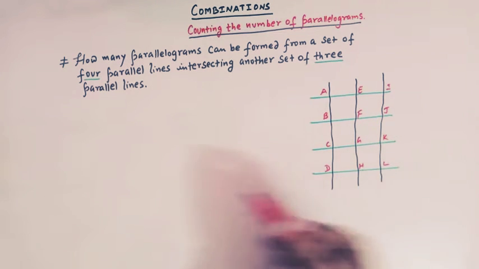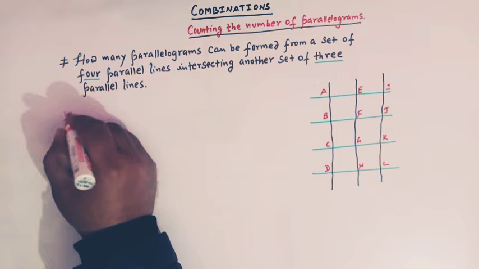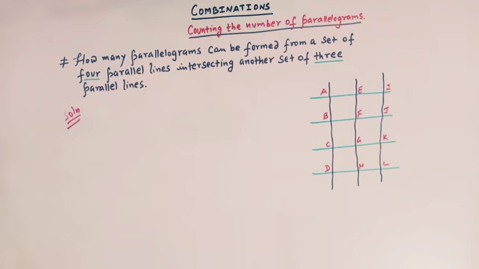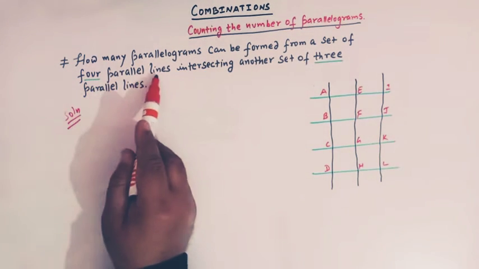We'll make use of the concept of combinations. Let us see how we can do this. Here we have the set of 4 parallel lines.